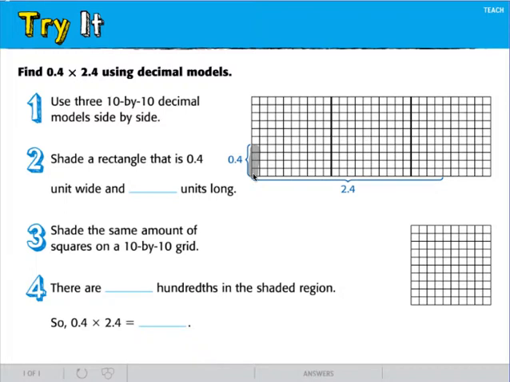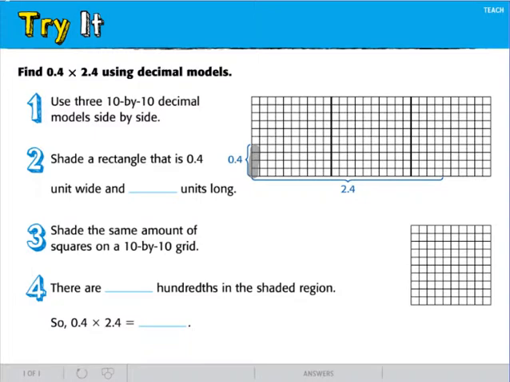Now our next number says 2 and 4/10, right? How many squares does it take to make a complete unit? No. We're only talking about rows and columns right now. 10. So if I have 2 and 4/10, I have to fill in how many completes?